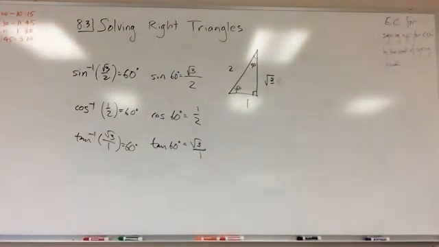Make sure you're in degrees mode. Make sure you're not in radians. Make sure you're in degrees and see if... yeah, just as I expected, there is no arc sine or arc cosine.